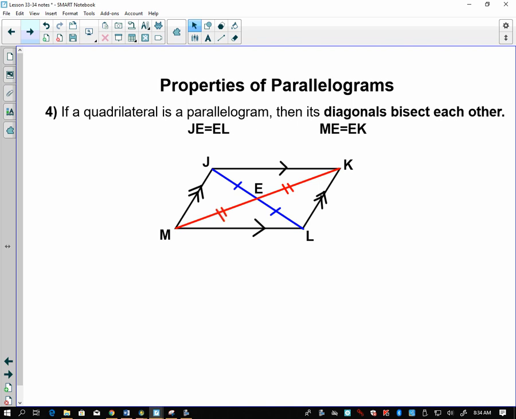If they're not opposite, they are consecutive. We can identify opposite; we need to work on consecutive. So we know that the opposite angles are congruent. We know that consecutive angles are supplementary. What do we know about opposite sides? Opposite sides of a parallelogram are congruent, and diagonals do what? Diagonals bisect each other.